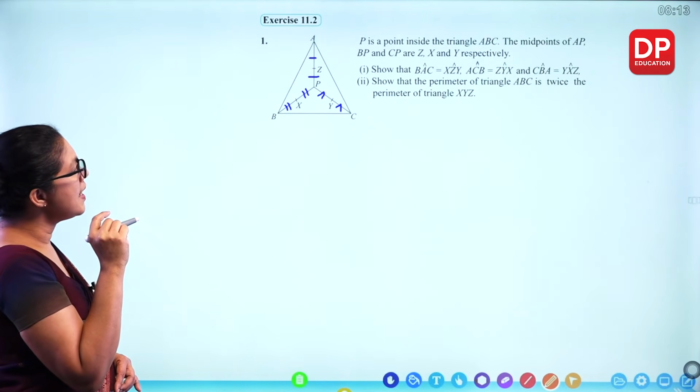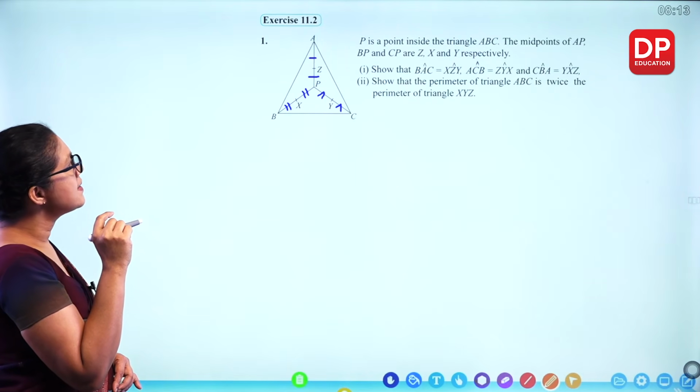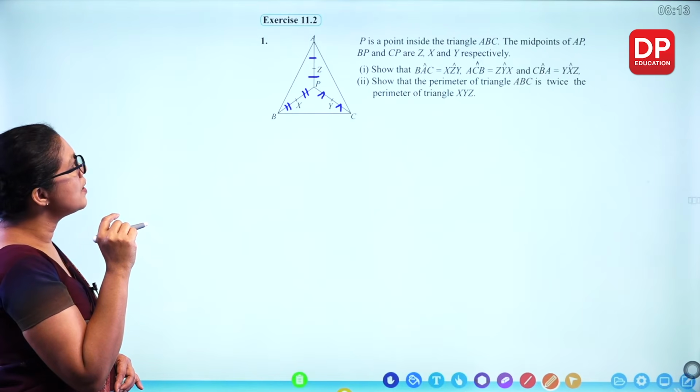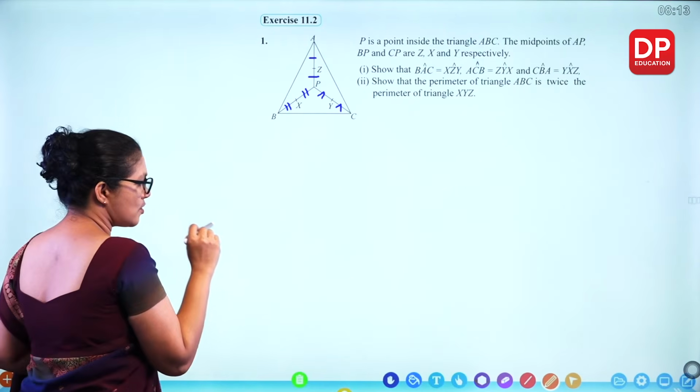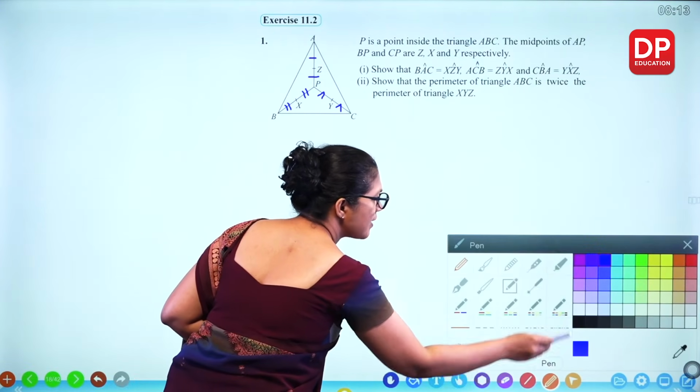Show that angle BAC is equal to angle XZY. So we'll connect that triangle and see.